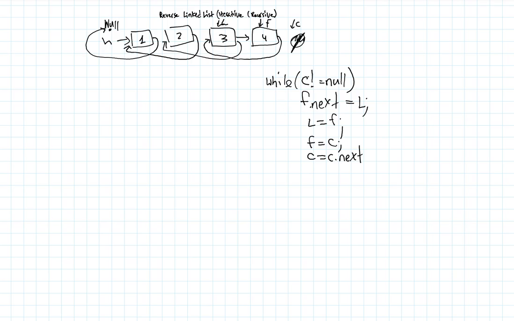So when I say C not equal to null, the last C we will have here will always be node 4, but we wanted to see the last statement of C be null. We want this to be null. So if it's null, then this assignment occurs, the very last 4.